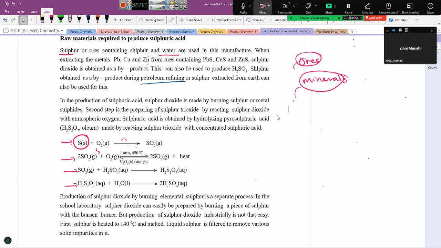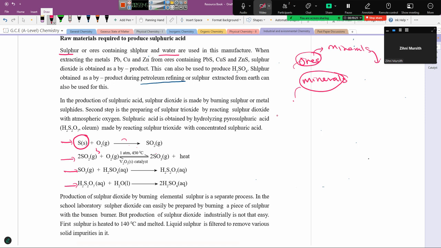Minerals are naturally existing inorganic substances. All ores are minerals, but not all minerals are ores. Ores are minerals from which we can extract metal, for example hematite.